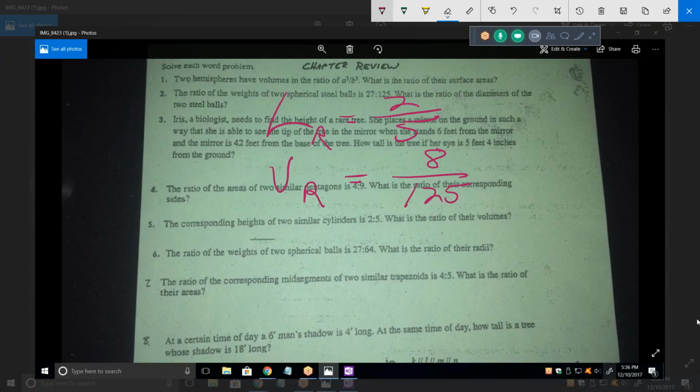That's what cubing means. 3 cubed is 3 times 3 times 3. That's 27.